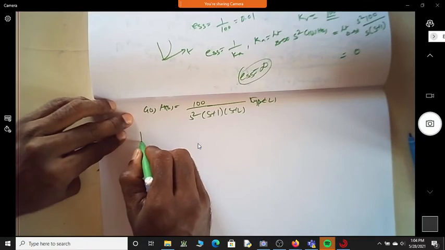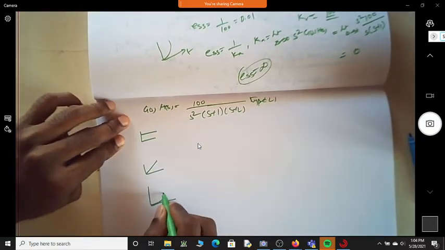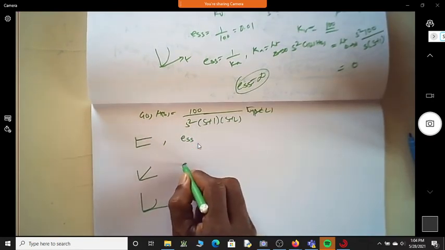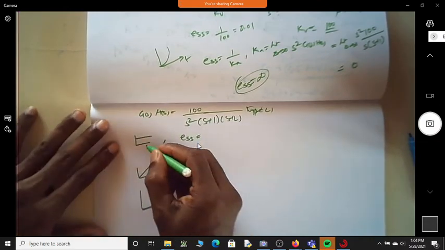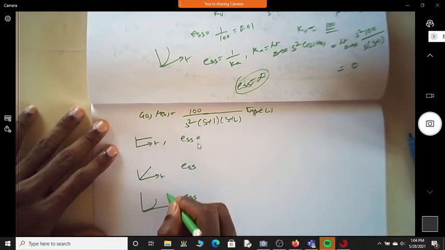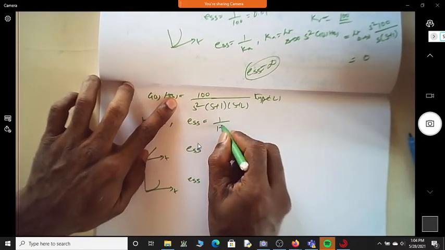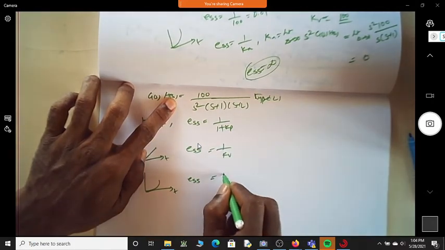So what is it for a step input, for a ramp, and a parabola? You're looking at ESS for each. What is ESS for a step input? These are all with respect to time. It was 0. This is 1 over Kv.